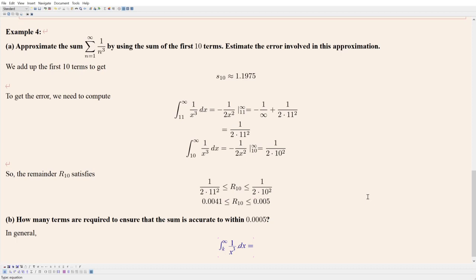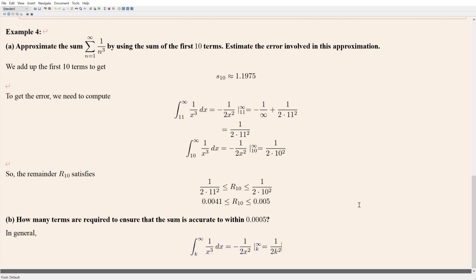So plug in infinity, it goes to 0. Okay, so in general, this improper integral is 1 over 2k squared.